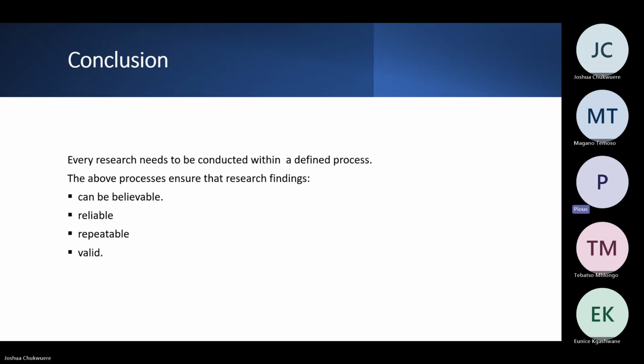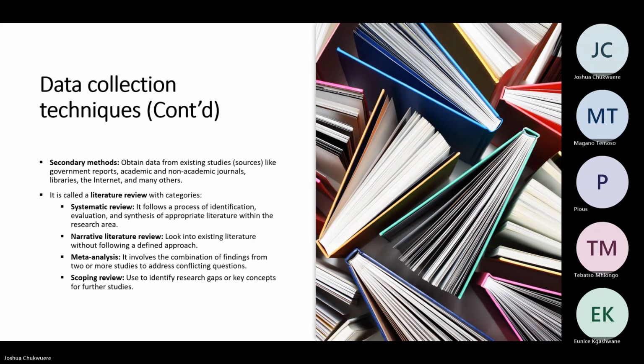No question, Prof. Prof, I have a question. If you can go back to the previous slide, I just want to confirm something. On the last one, you, as a researcher, intend to identify the research gaps.